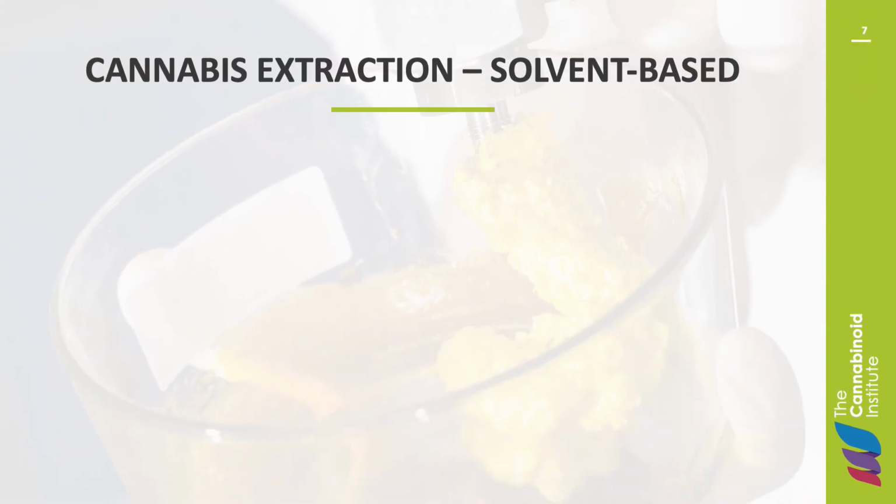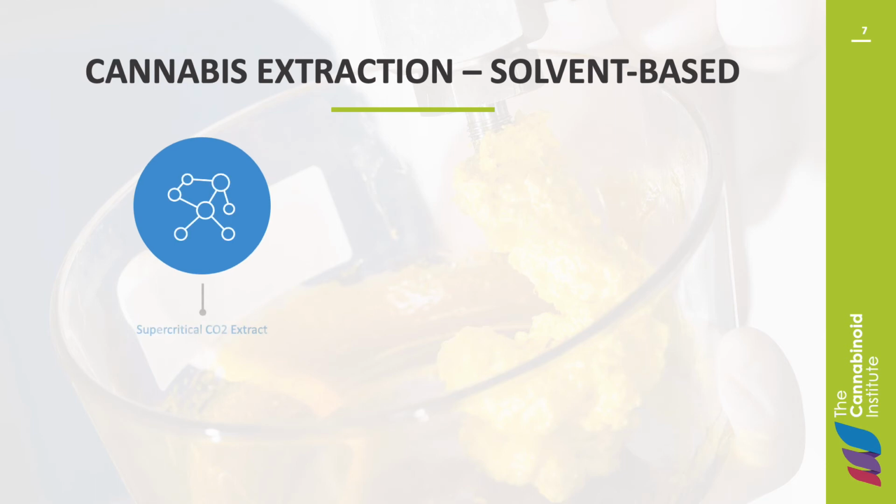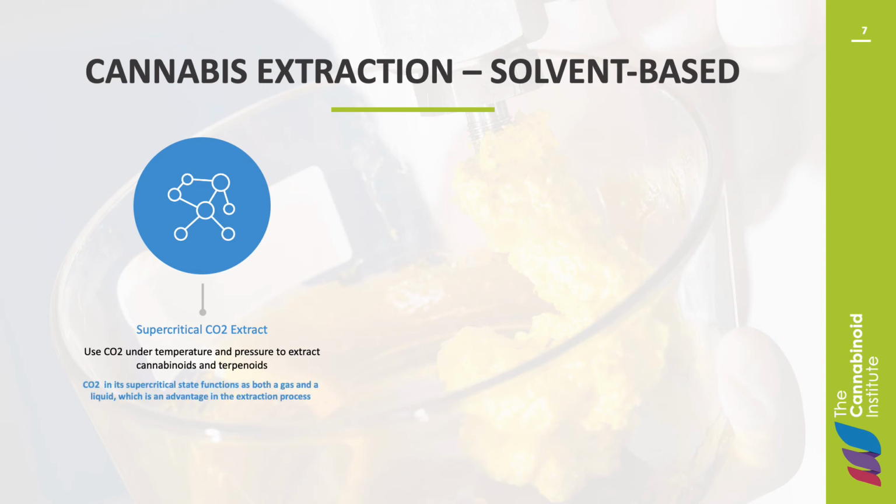The final main method of solvent-based cannabis extraction is known as supercritical CO2 extraction. This method utilizes carbon dioxide under temperature and pressure to extract the cannabinoids and terpenoids from the plant. CO2, in its supercritical state, functions as both a gas and a liquid, which is an advantage in the extraction process.